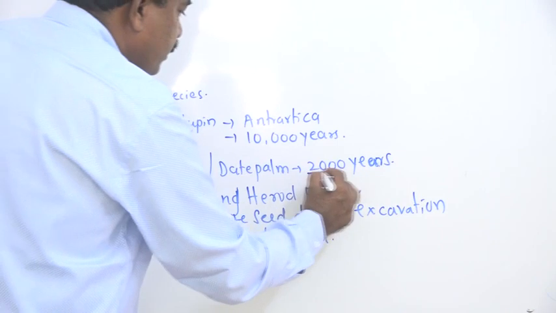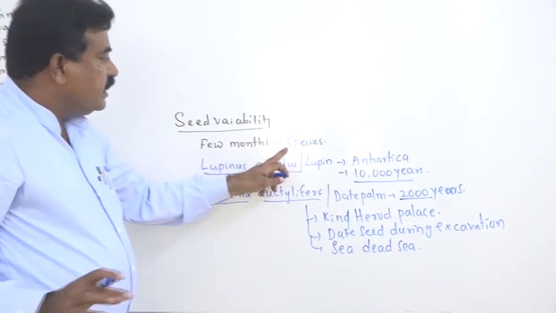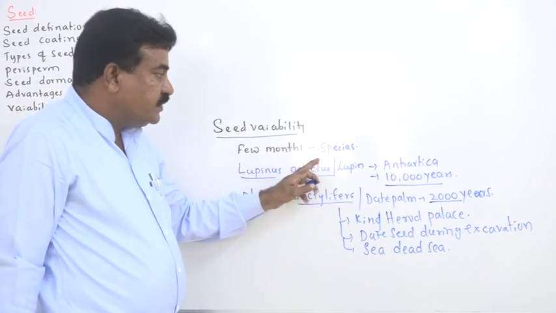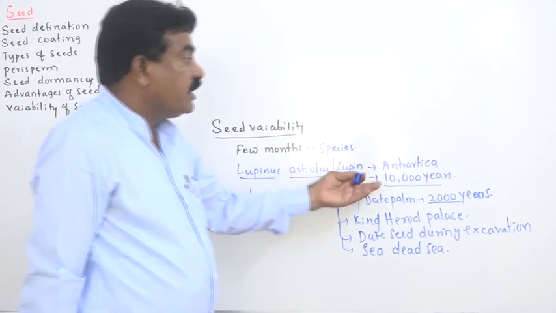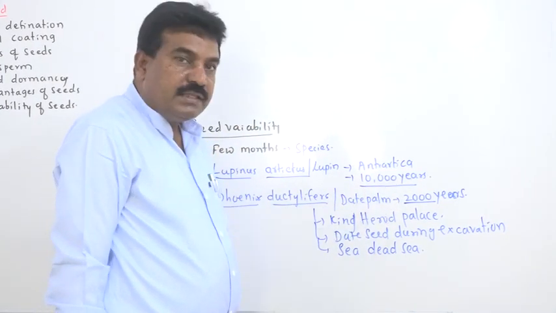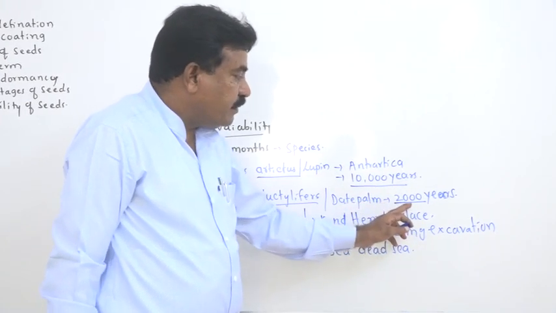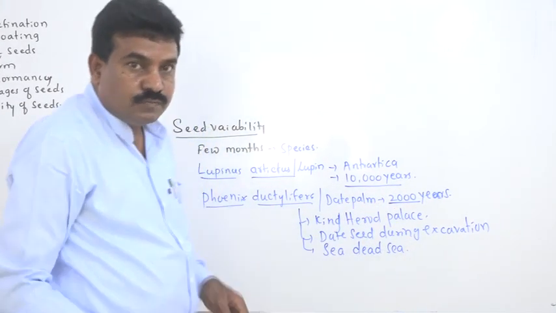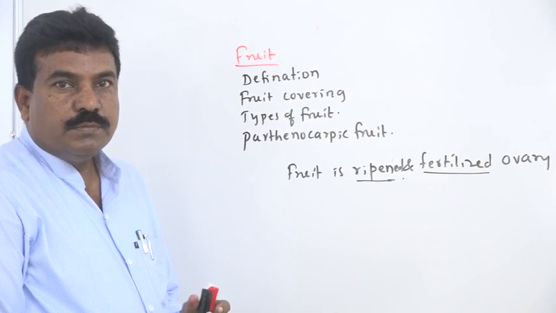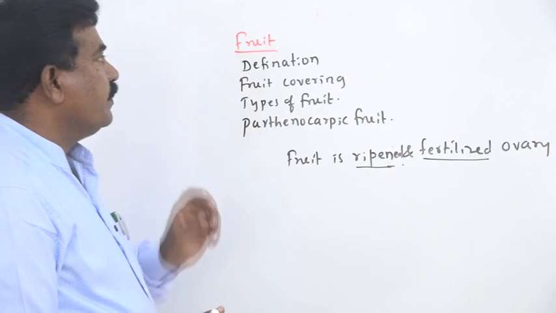In such a way, seed viability may be a few months, a few years, or several thousand years, as we saw in Lupinus at 10,000 years and in date palm at 2,000 years.